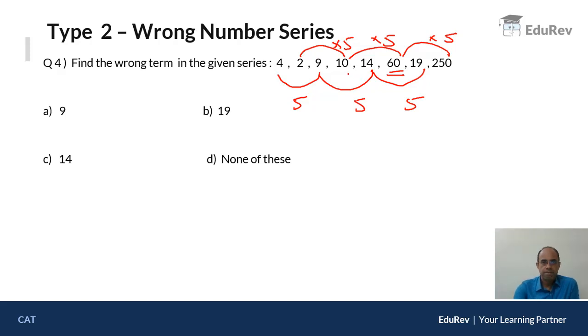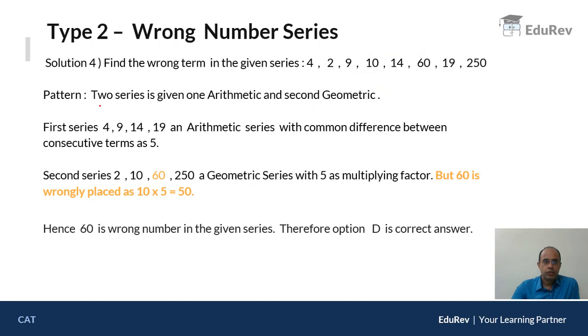What's the pattern? Two series are given here. One arithmetic series and one geometric series. 4, 9, 14, 19 form an arithmetic series with a common difference of 5.